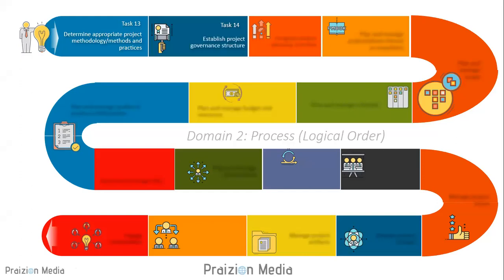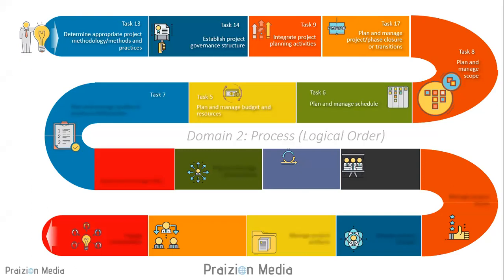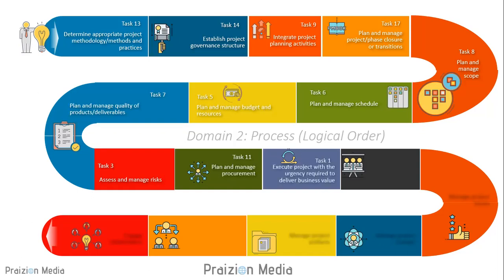Next, establish project governance structure. Integrate project planning activities. Plan and manage project or phase closure or transitions. Plan and manage scope. Plan and manage schedule. Plan and manage budget and resources. Plan and manage quality of products or deliverables. Assess and manage risks. Plan and manage procurement.